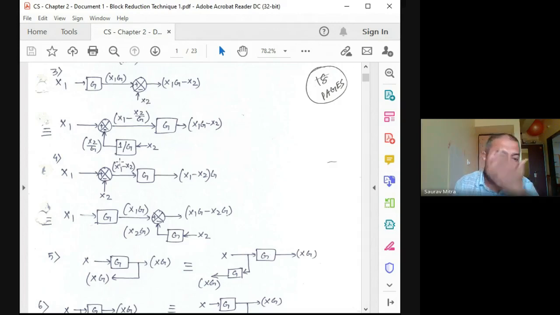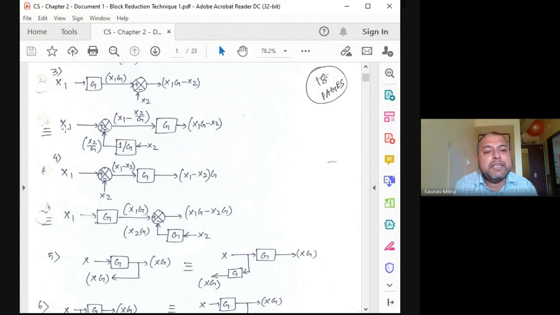So what we are doing in that case, as we have shifted, I told you there are 2 steps. One is shifting. So here shifting has happened. With x2 you have shifted this summing point before the gain block, so the gain block has gone afterward. Now in this case, if you want compensation, if you want to keep the output the same, what you have to do is multiply by 1 by g in the x2.